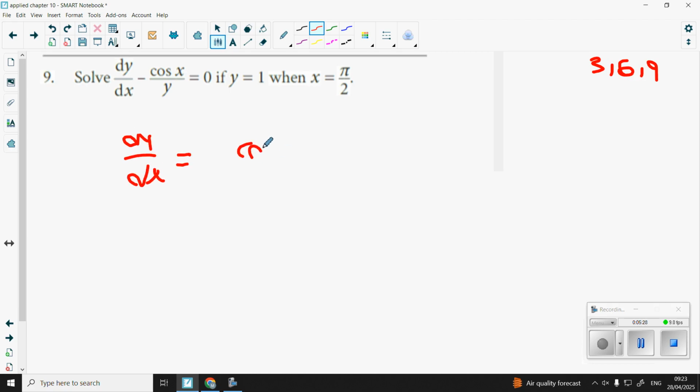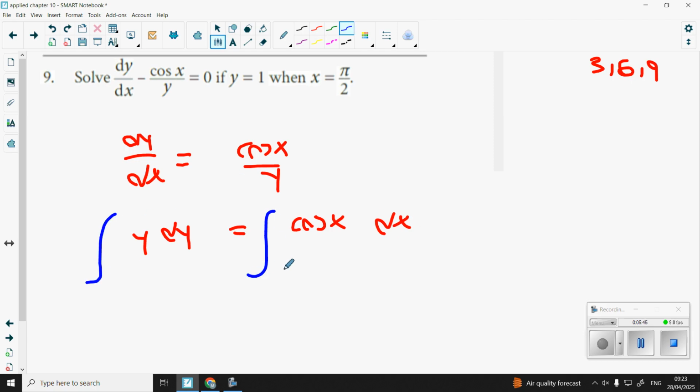dy/dx equals cos x over y means 1 over y dy. Oh, I'm wrong. It's y dy equals cos x dx, and integrate with limits pi over 2 and y or 1.